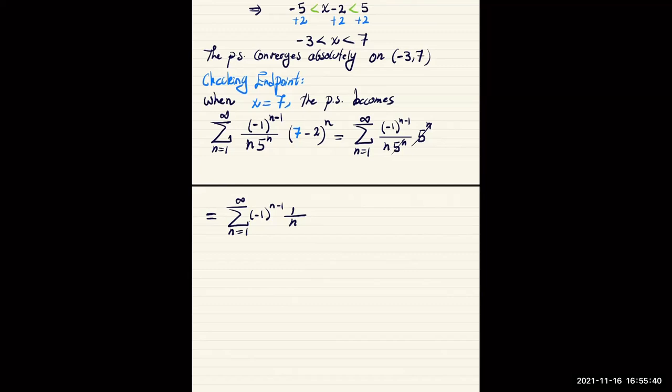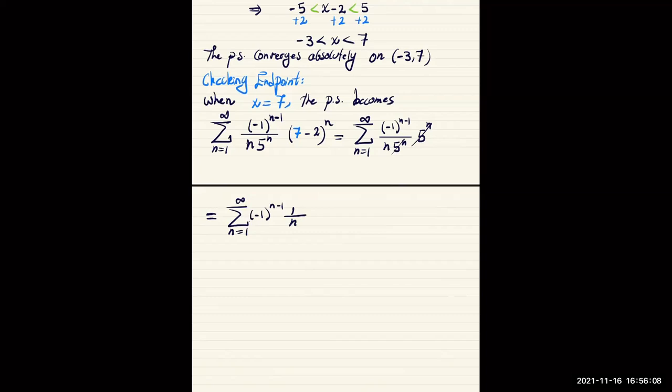Isn't it? Yeah. And we know that this thing does not converge absolutely. We discussed this before in an earlier section. In absolute value, if you check for absolute convergence, you get the harmonic series, and that is divergent. So this doesn't converge absolutely.